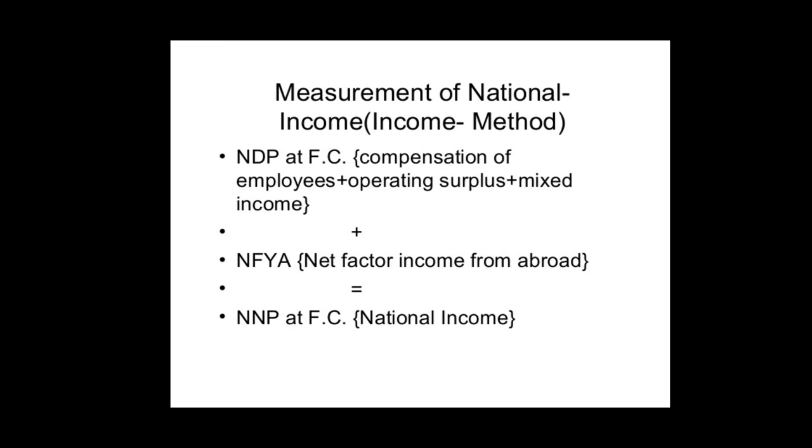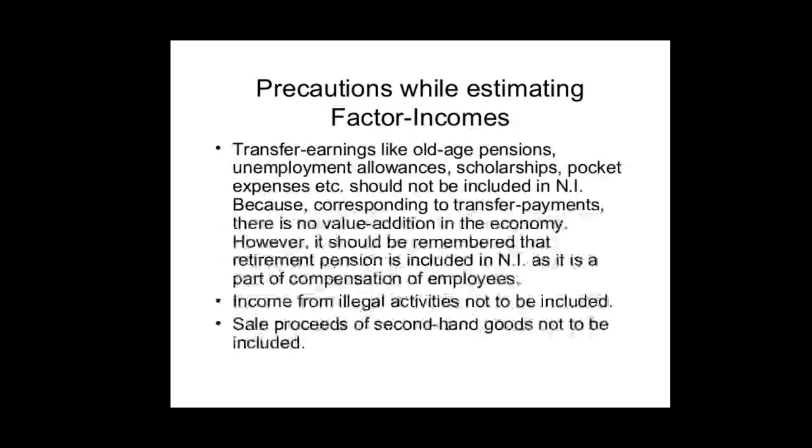In the final step, net factor income earned from abroad is added to domestic income to arrive at net national product at factor cost, which is the estimate of national income. So, in this way, we can estimate the national income by using the income method.